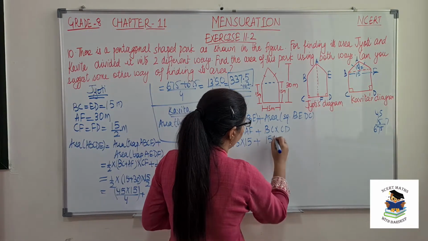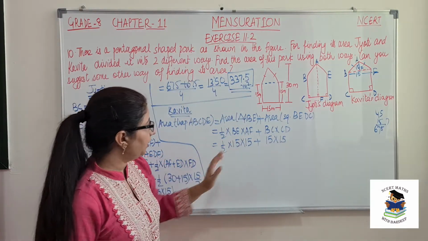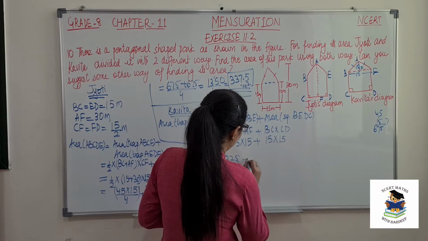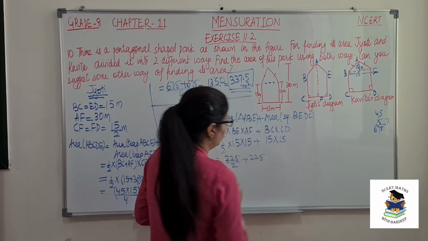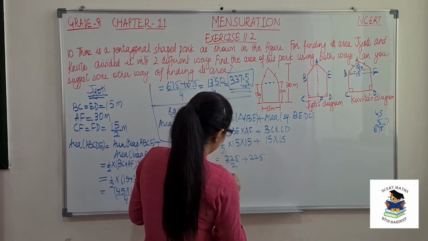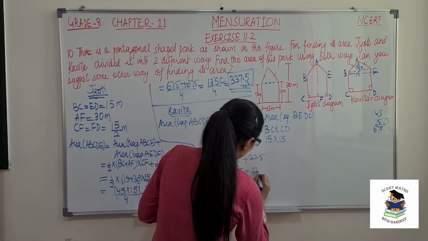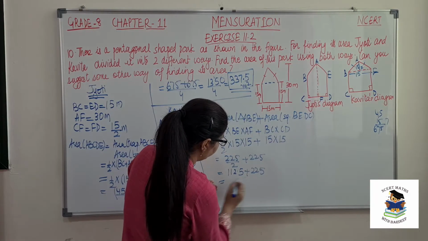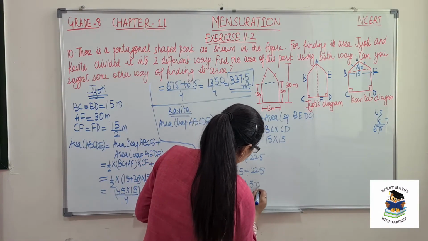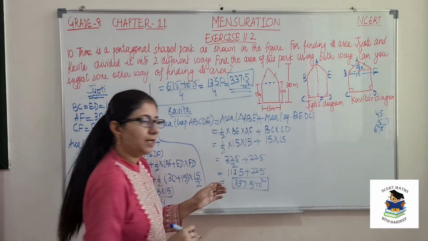So this is again 15 into 15. So 15 into 15 is 225 over 2 plus 225. So if I calculate, this is 112.5 plus 225. So 5 and 2 is 7. So 337.5 meters square is the area of Kavita's diagram.